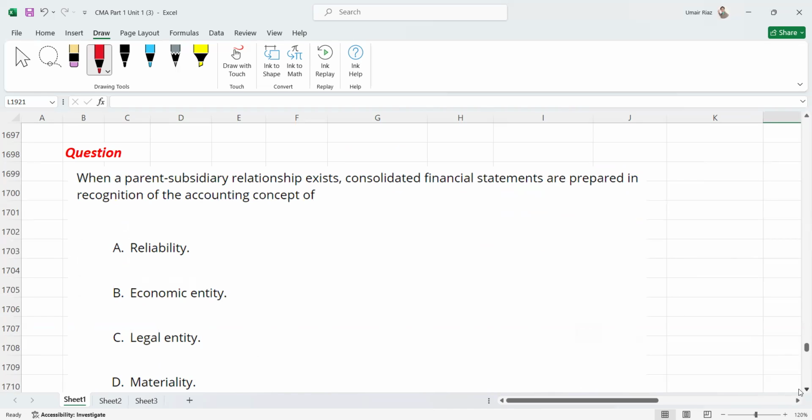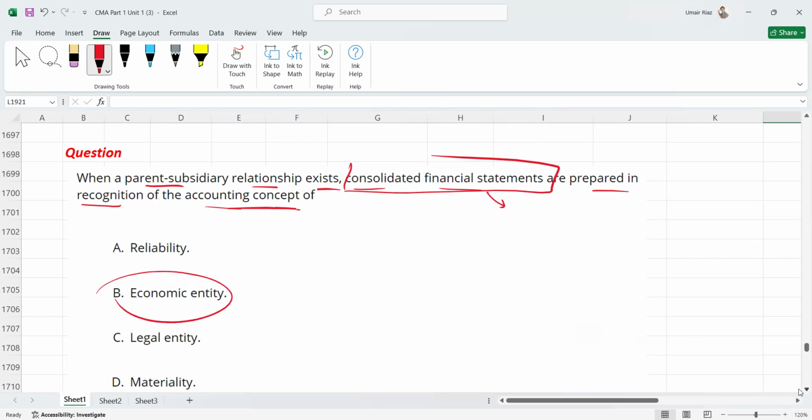They're saying when a parent-subsidiary relationship exists, consolidated financial statements are prepared in recognition of the accounting concept of... Guys, please remember, whenever we prepare consolidated financial statements, we always follow the single economic entity concept. There are two concepts, legal entity and single economic entity.